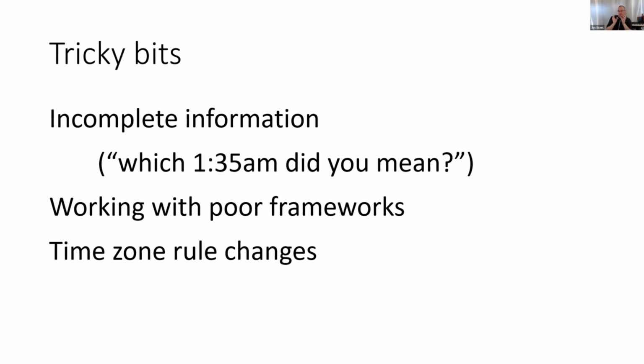Whereas Noda Time in .NET is sufficiently better than what you get out of the box, even now that we've got date only and time only, that for many people it's worth adopting. It's by no means as popular as Joda Time used to be.